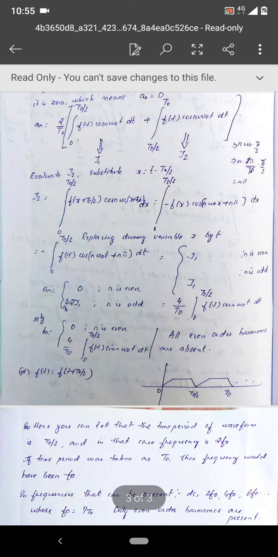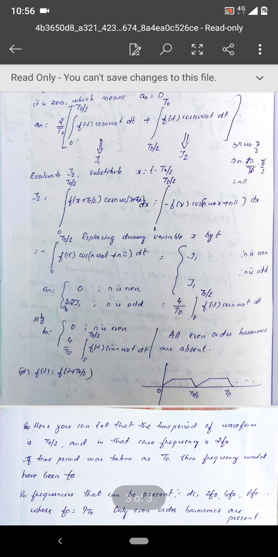I hope it is very clear. Similarly, you can have the other half wave symmetry, the fourth type, where instead of f of t equal to minus f of t plus t naught by 2, you have f of t equal to f of t plus t naught by 2. So what is happening in 0 to t naught by 2 will happen in the next half cycle, from t naught by 2 to t naught.